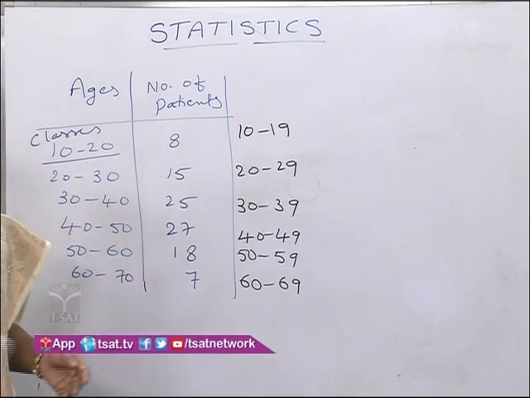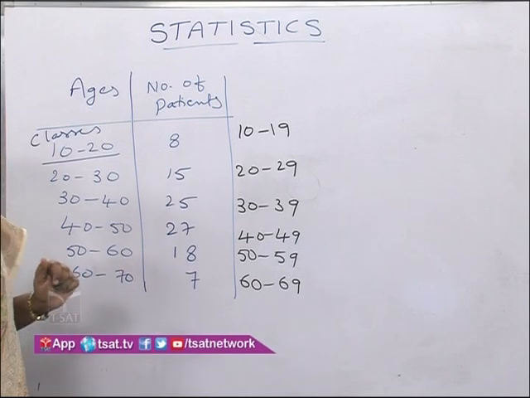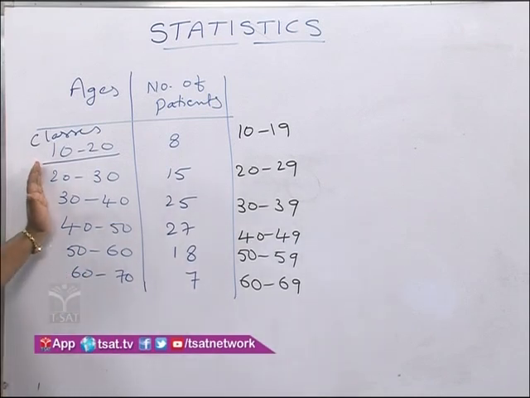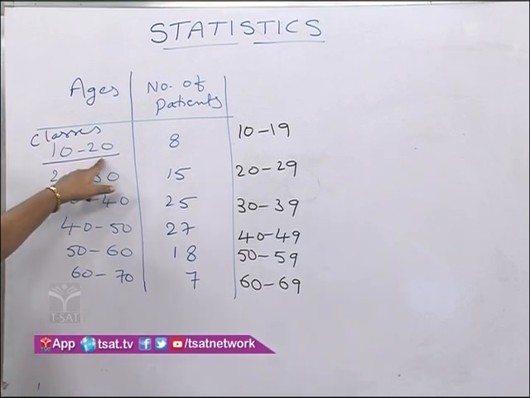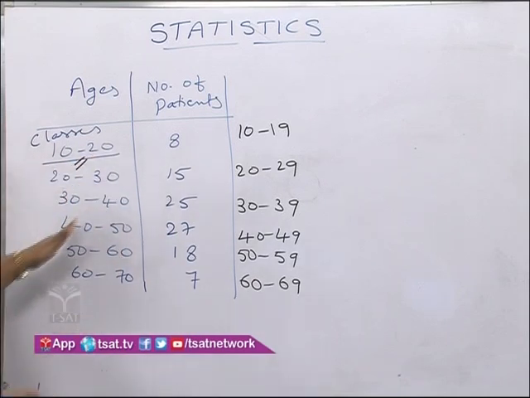Do you find any difference between this and this type of classes? Yes, there is a small difference. If you observe the first one, the upper limit of the first class and the lower limit of the immediate next class are equal. Similarly, in all other classes.